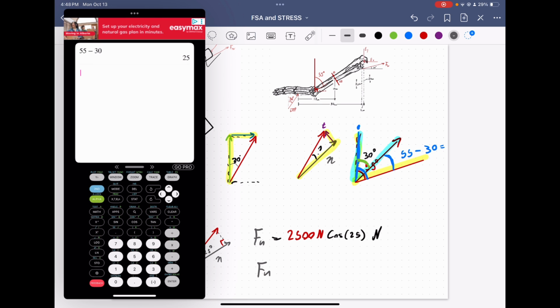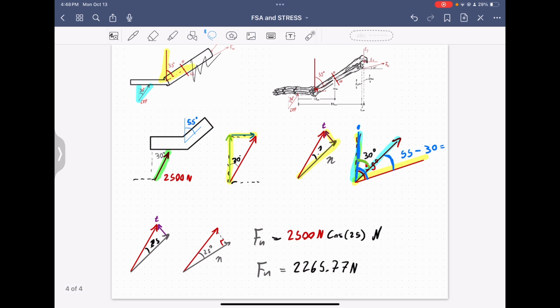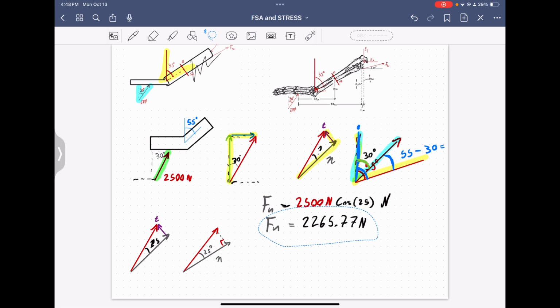So doing that, we have 2,500 times cos 25. What are we given? We are given 2265.77 newtons. But this question wanted us to calculate the axial stress.